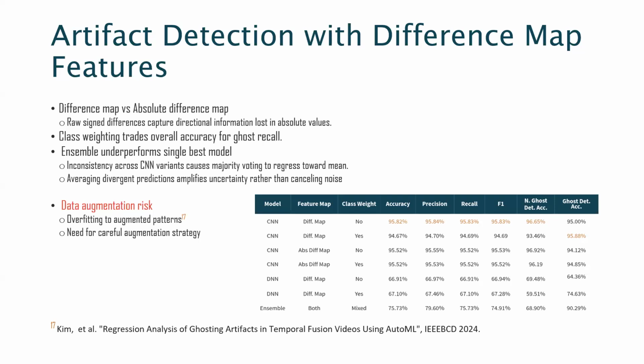So we use class weights, and we find that even if we do not use class weights, with a difference map, in which pixels show that much of a change has occurred in that specific part, we have achieved an accuracy of 95.82 and so on. While with the difference map with class weights, the overall ghosting artifact detection has been 95.88%.